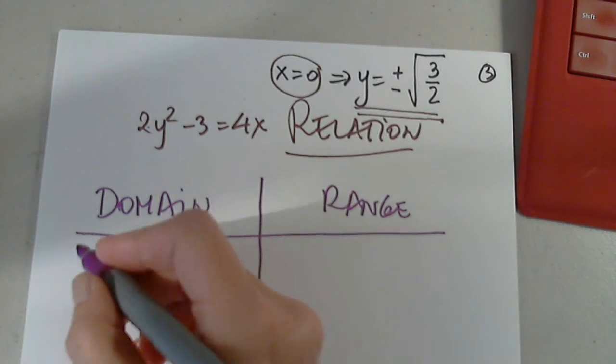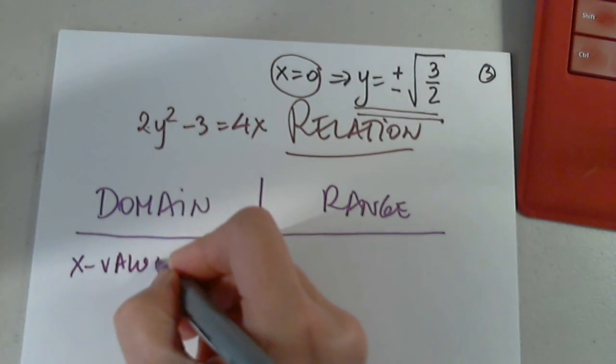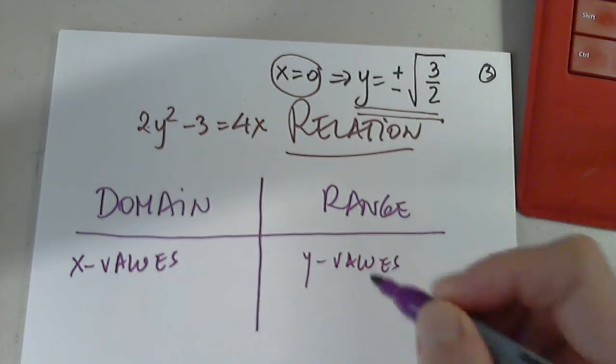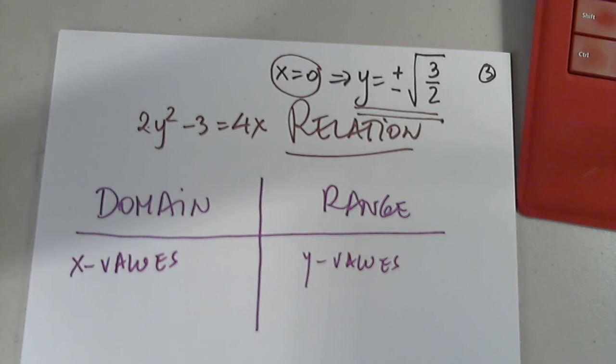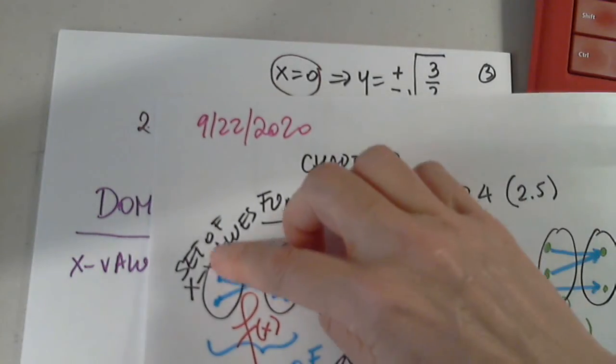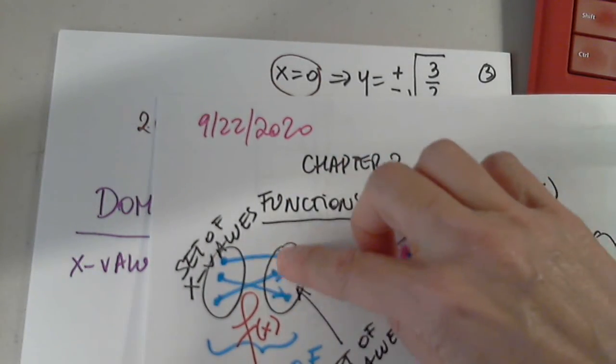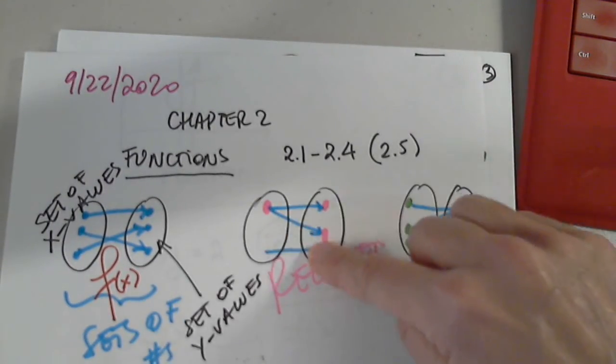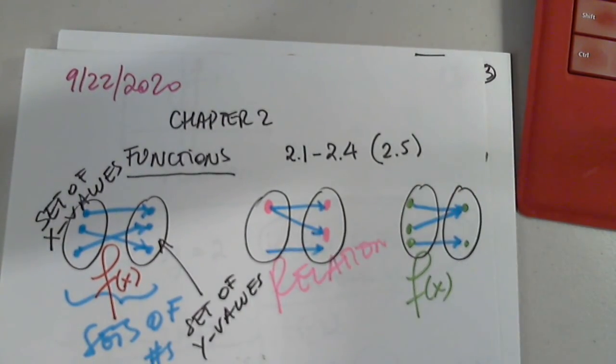What is the domain? X values. What is the range? Y values. So back to my first page here, where I use those bubbles. This will be, of course, the domain. This will be the range. Even a relation has domain and range. X values, Y values. A relation exists.